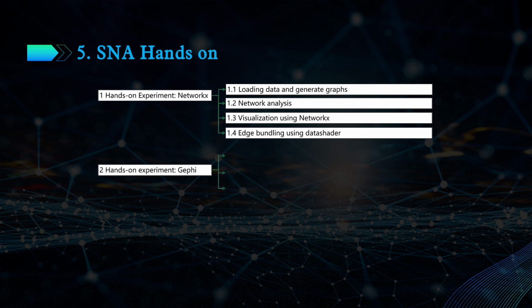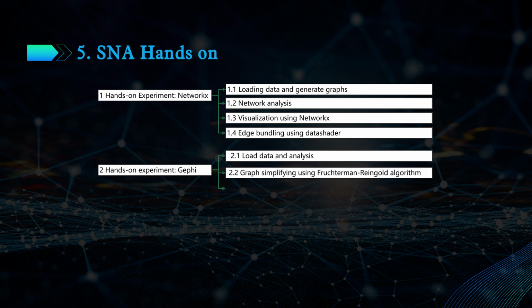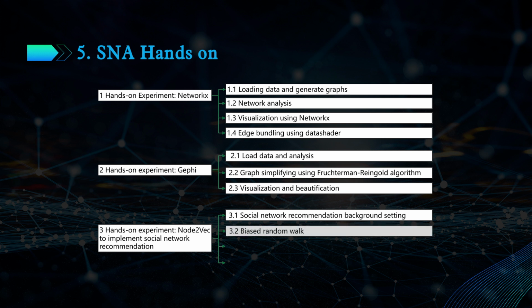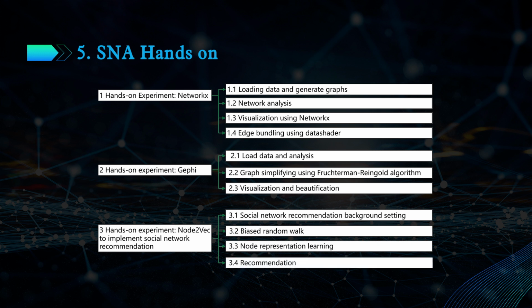Experiment 2 includes loading data and analysis, graph simplifying using the Fruchterman-Reingold algorithm, and visualization and beautification. Experiment 3 includes social network recommendation, background citing, biased random walk, node representation learning, and recommendation.